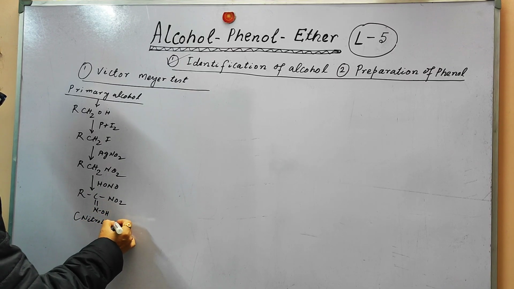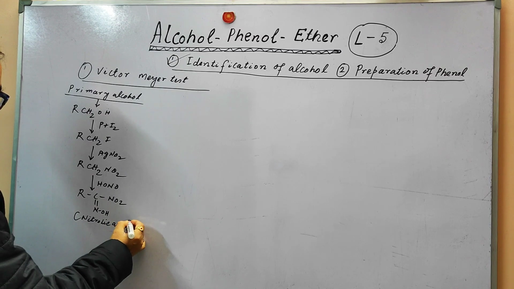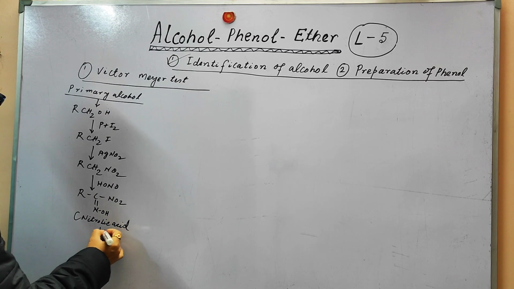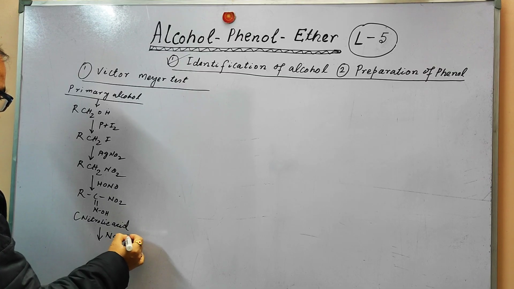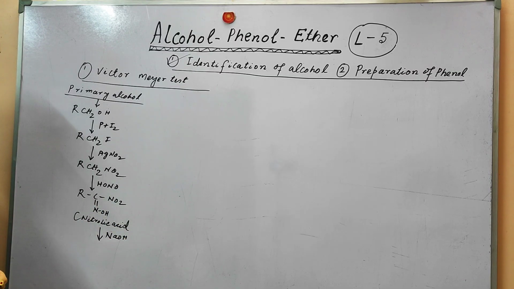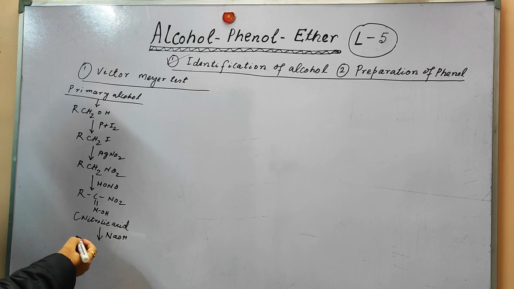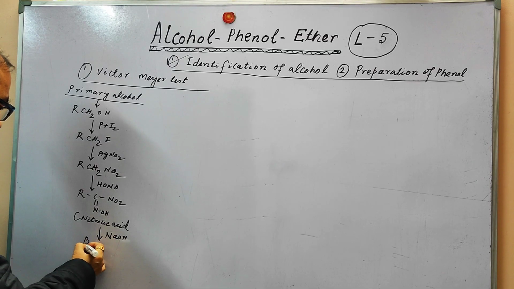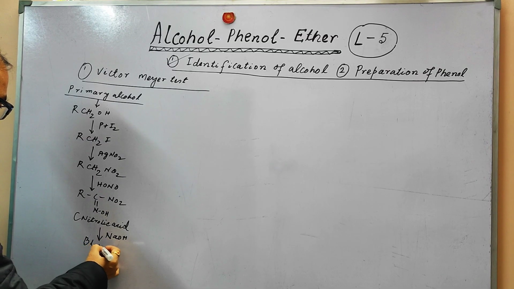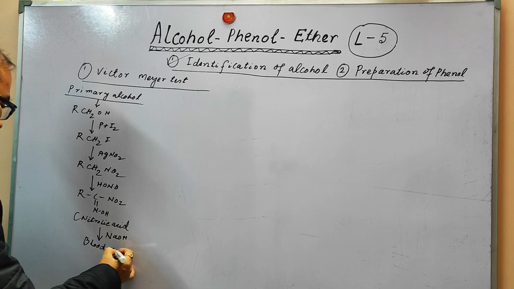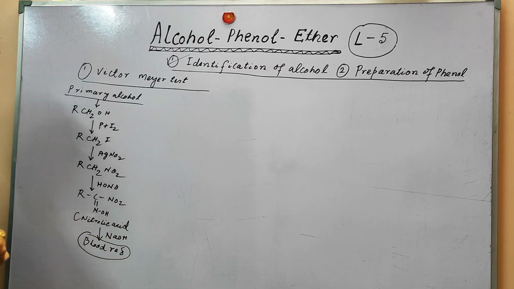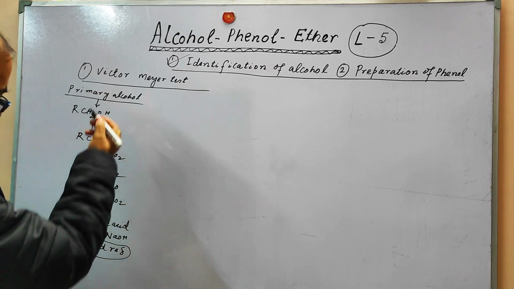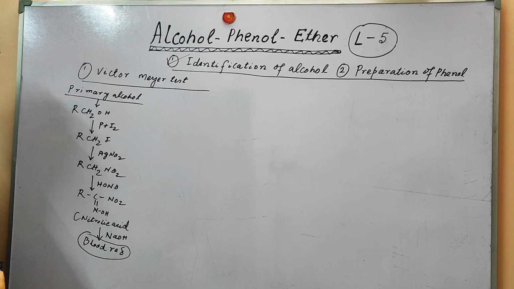And when this nitrolic acid is reacted with NaOH, it will form a salt, and the color of the salt is blood red. Blood red coloration we will find, and from this we can identify that this alcohol is primary alcohol.